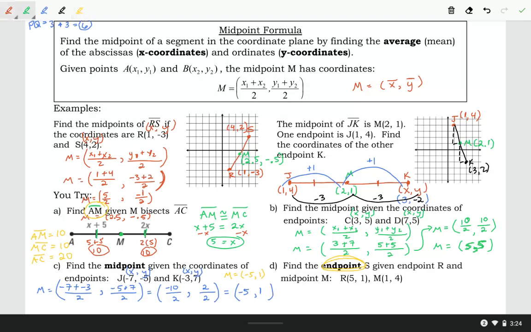We are told that we have a line segment RS that has a midpoint of M. So we know that the pieces are congruent on either side, so RM is congruent to MS. And we know that R is at the point 5, 1, and M is at the point 1, 4. So now we have to find S.